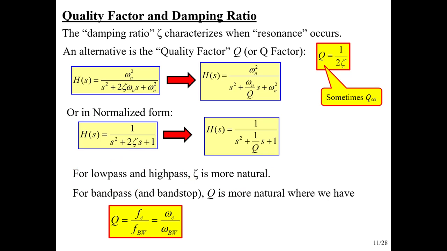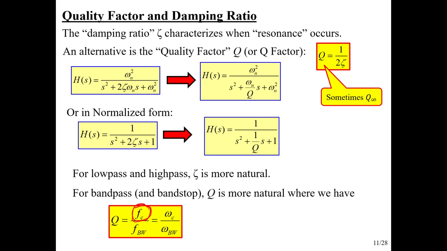And this comes from really where it first originated. People were looking at building bandpass filters to tune radios. And so the center frequency was pretty high, and you wanted a very narrow bandwidth relative to that.